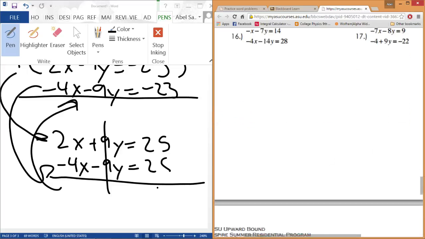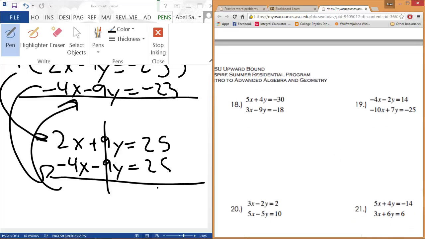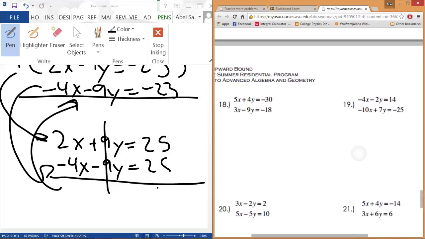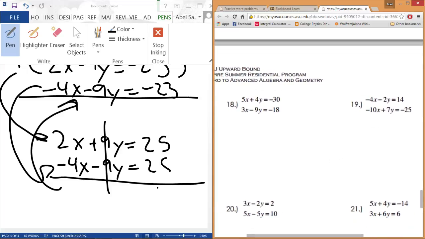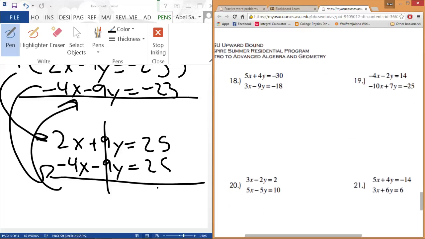I'm just trying to find a good one because I don't want to try any one and have you guys all confused on the rest of them. How about we just try number 18? All right, guys, let's try number 18.